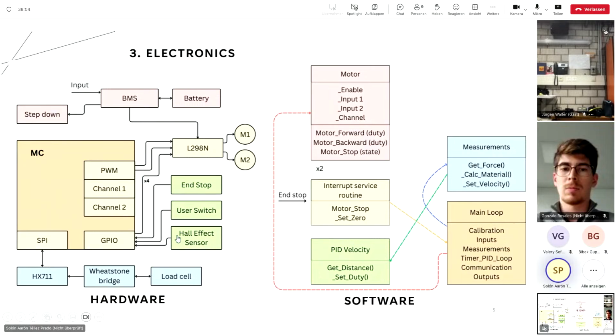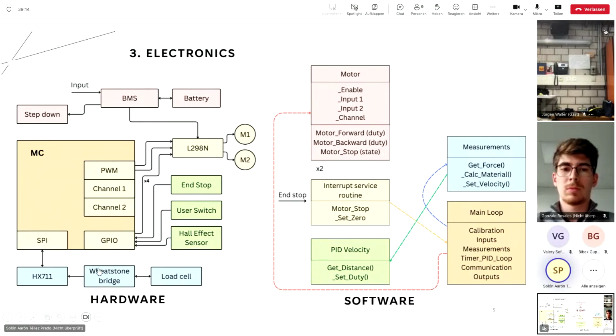In the input block, it is only necessary to configure the end stop in a special mode, because it's critical to know when the drill reaches its physical advance limit.